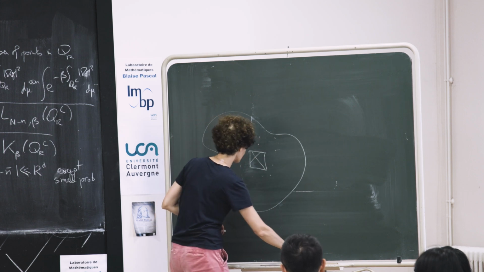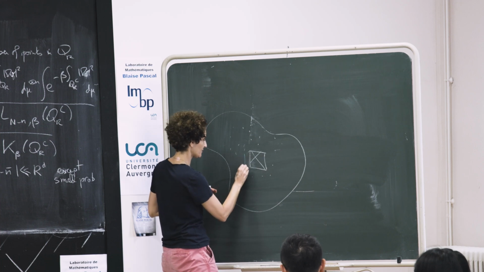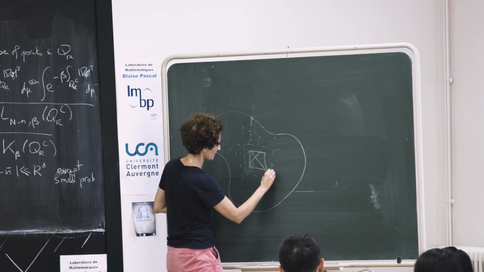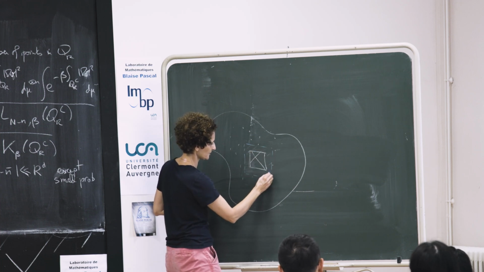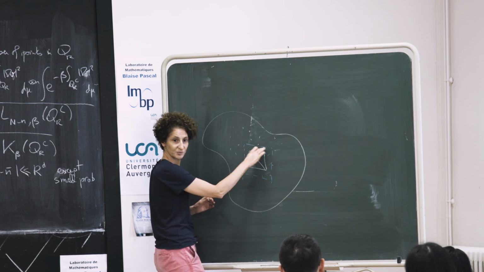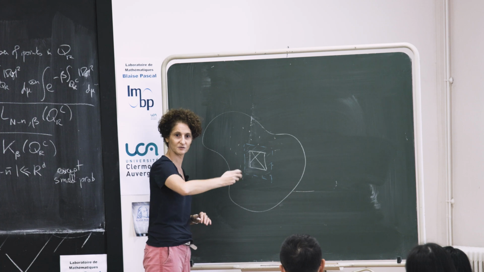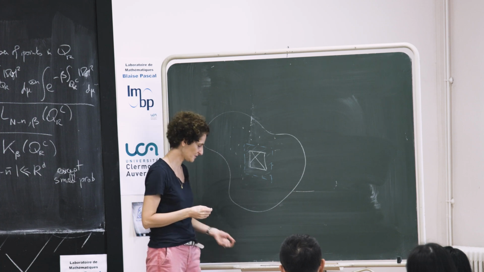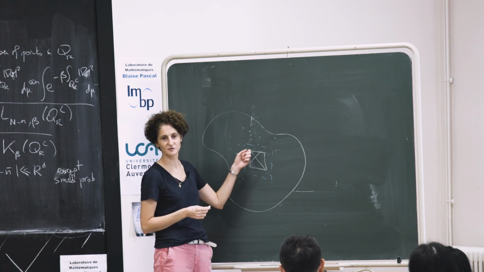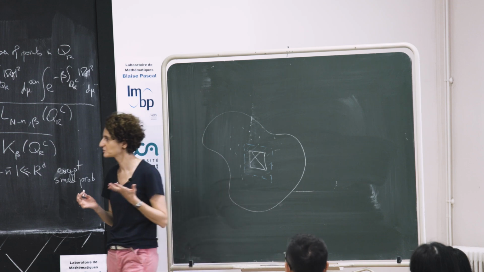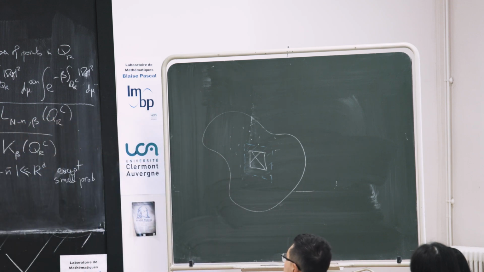So in fact, we're going to screen from the outside. So we're going to find a good contour here. We're going to erase the configuration here and replace it by points. So it's the same construction, just it's sort of reversed with respect to what the boundary is. So this one we call outer screening. The other one's called inner screening. But it's the same. Estimates are the same.